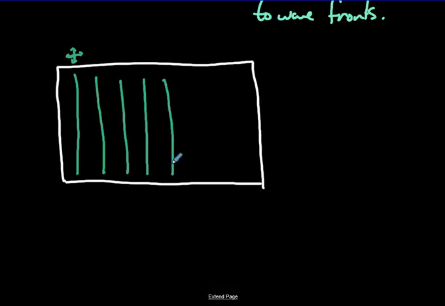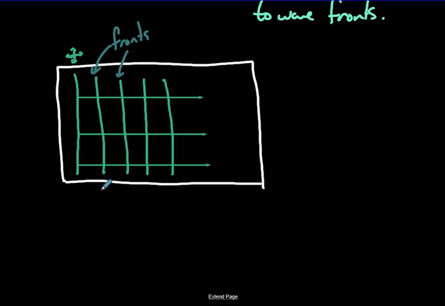These should all be linear, but I'm freehand drawing. If we include the wave rays, they're going to be like that. So we'll relabel everything in terms of plane waves. These are fronts. This distance is your wavelength. These are your wave rays, showing the direction of travel of the wave.